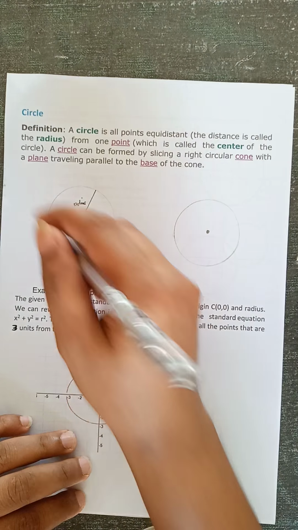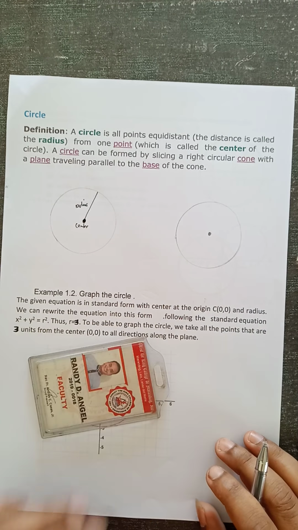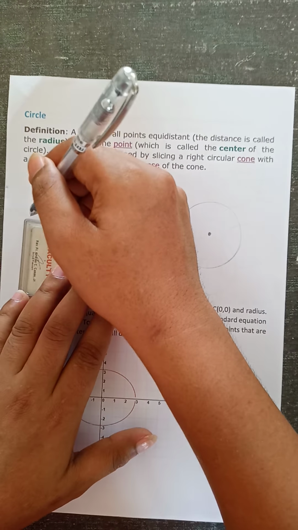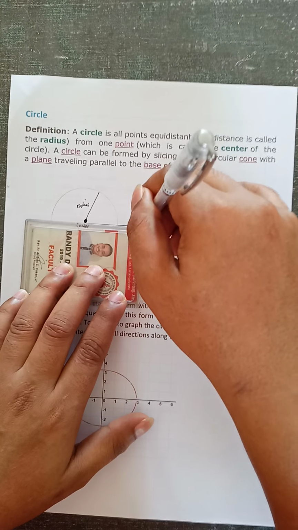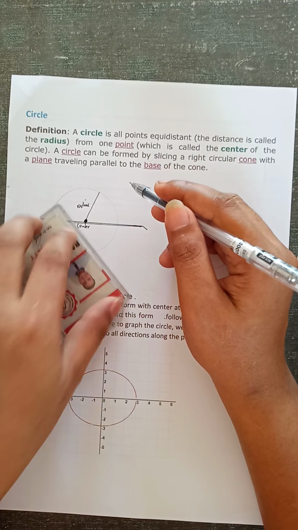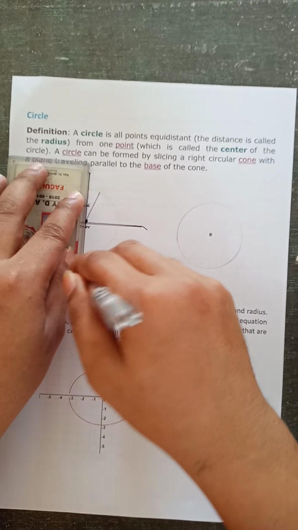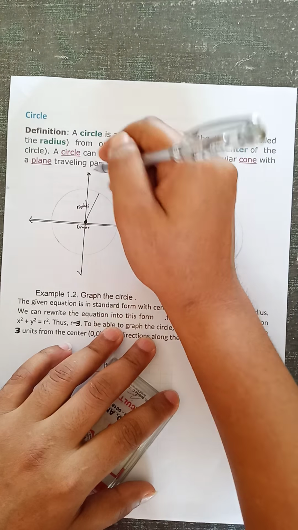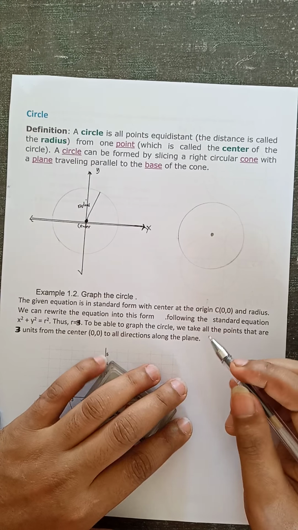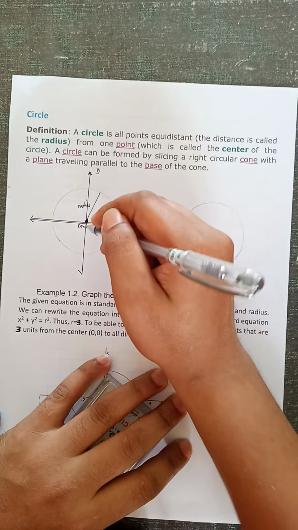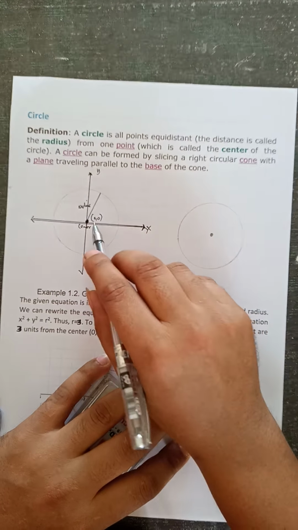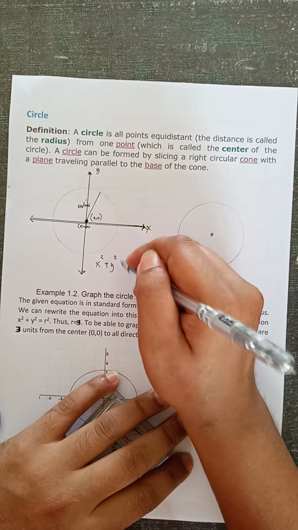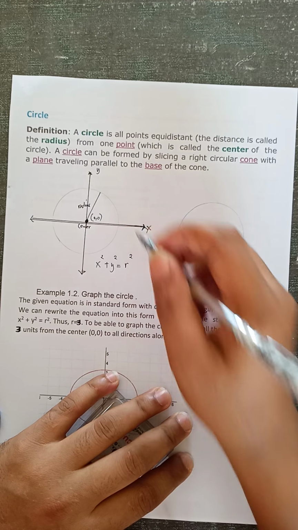Now, if the center of a circle is at the origin of the Cartesian plane, with the x and y coordinates, this is the x-axis and y-axis, having the coordinate 0, 0, the equation of this circle is x squared plus y squared equals r squared, where r stands for the radius.